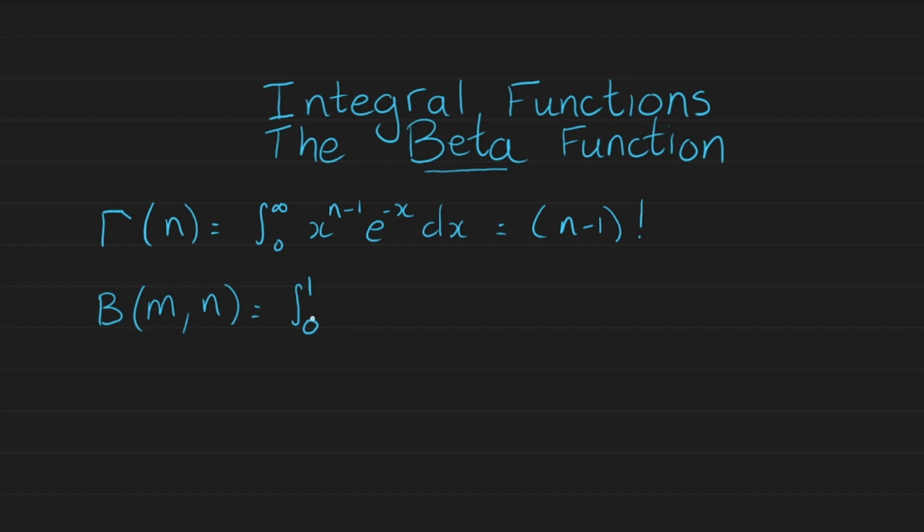So it's not 0 to infinity, it's 0 to 1. And we have x raised to the power m minus 1, so that's the first integer that you can see. And this is multiplied now by 1 minus x to the power n minus 1 times dx. So this is the beta function.